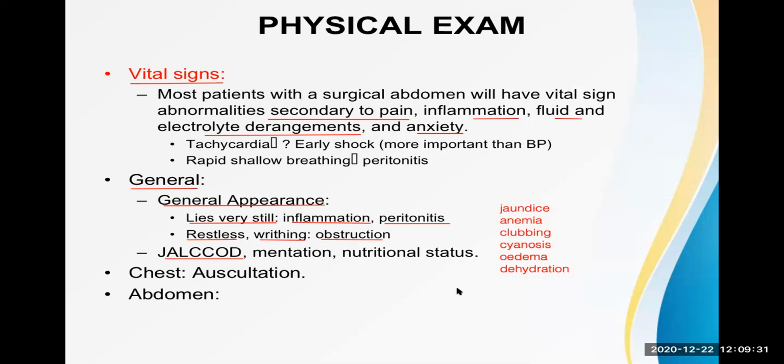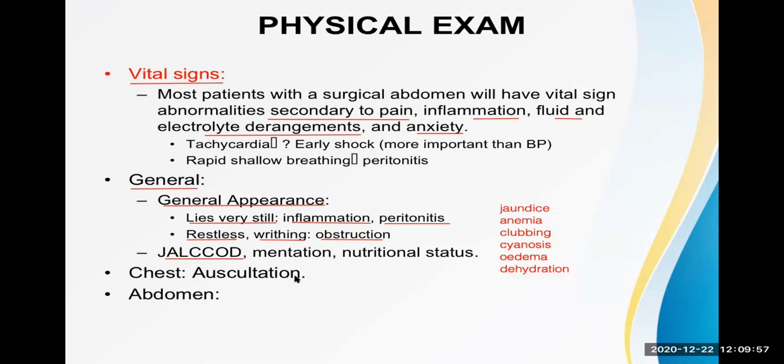Now, after this, we move on to the examination of the system. One of the systems which is very well connected with abdominal pain or acute abdomen is the respiratory system, or the examination of the chest. I already told you myocardial infarction is one of the causes of abdominal pain.